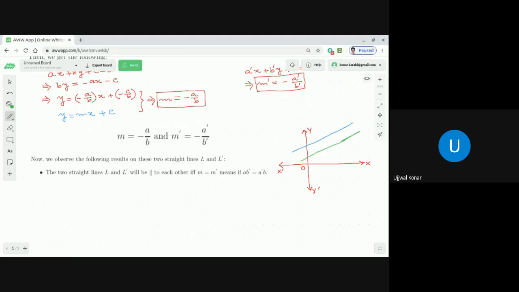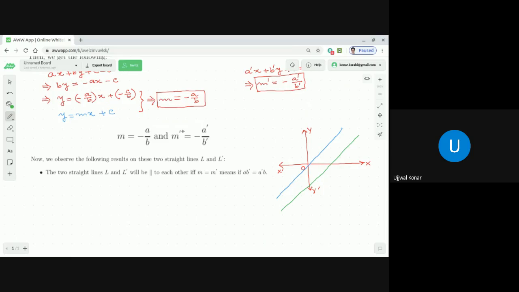Now if you see, both the straight lines are making an equal angle with the positive direction of the x-axis, correct? So that means their corresponding tan should be equal. If I draw the straight lines in a more practical manner, the blue straight line like this, and the green line something like this.